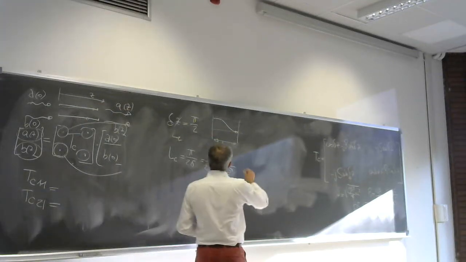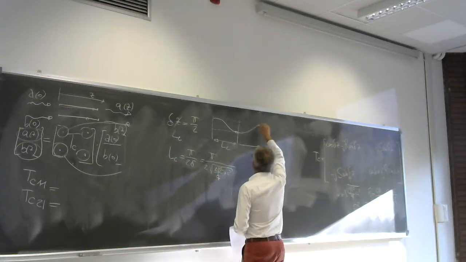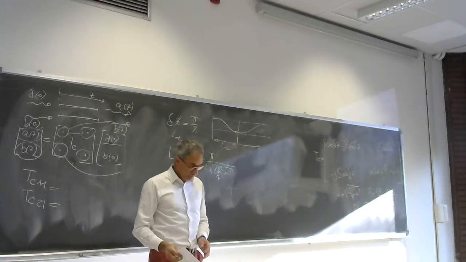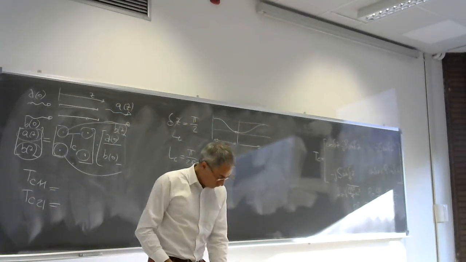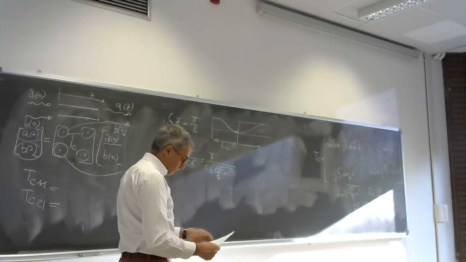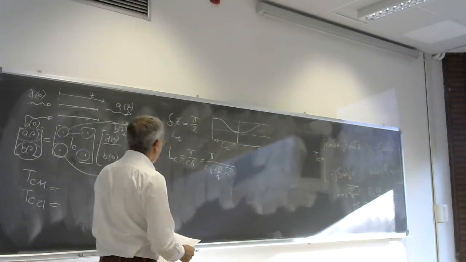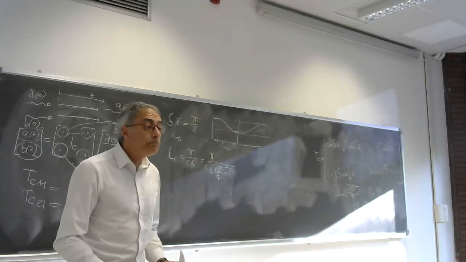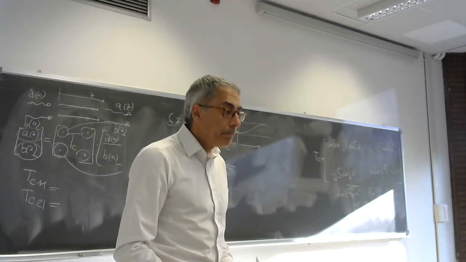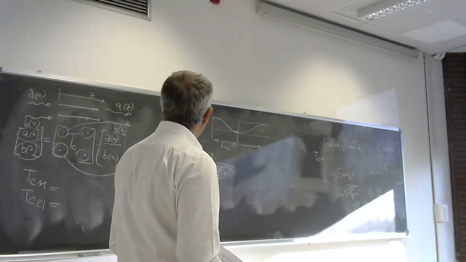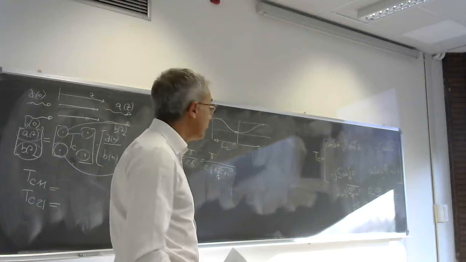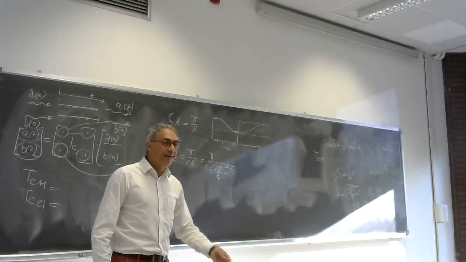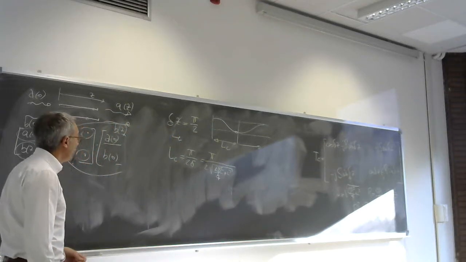And then after another LC, it goes up again. The whole period is 2 LC. But usually we are interested in coupling something, so we define LC instead of the period.